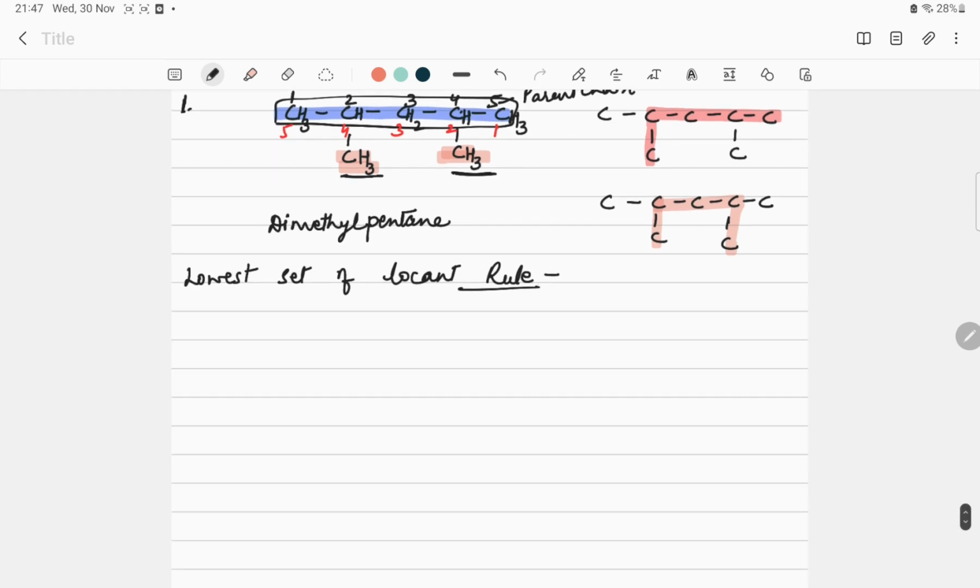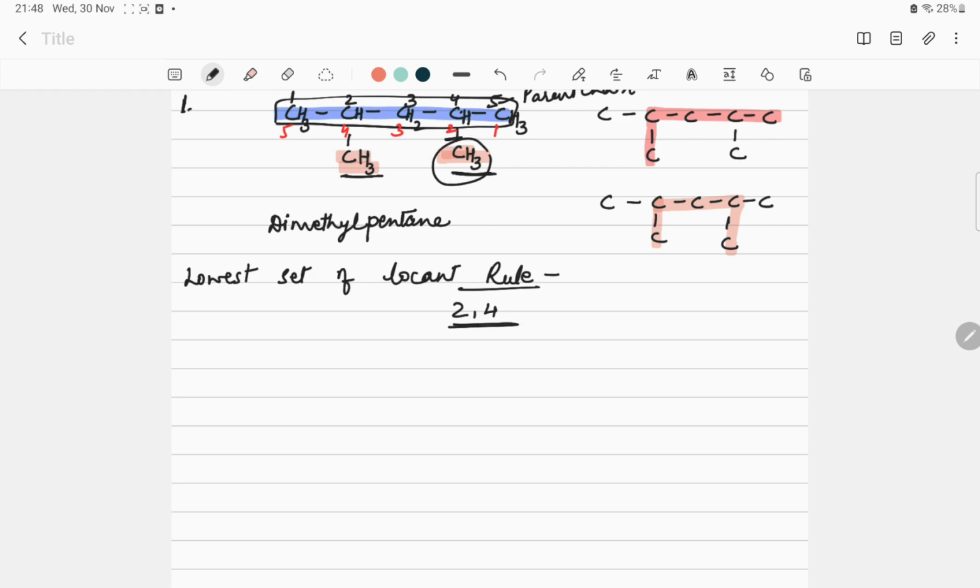Now what is this lowest set of locants rule? If we number the carbon chain from left to right, one substituent is at number 2 and the other is at number 4. If we start numbering from the right, one substituent is at number 2 and the other is at 4.